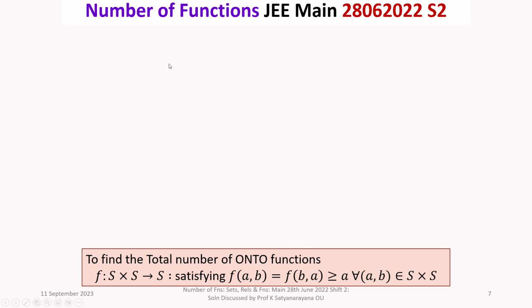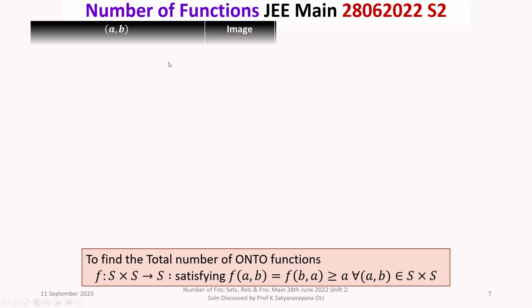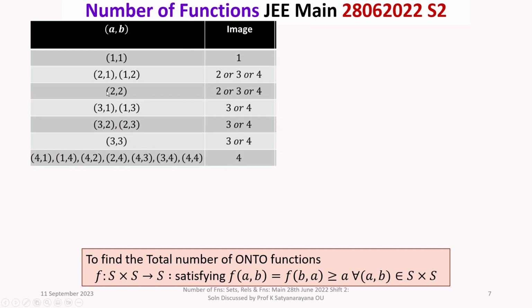So far what we have done, we have written in tabular form. I will stress the point once again: (2,1) and (1,2) both will go to 2, or both will go to 3, or both will go to 4.